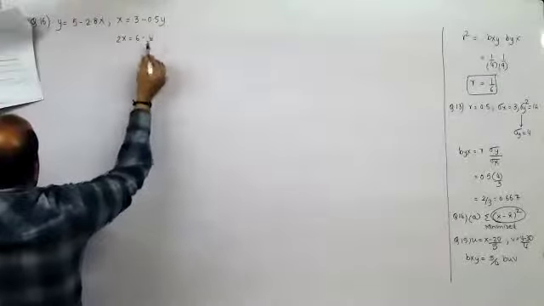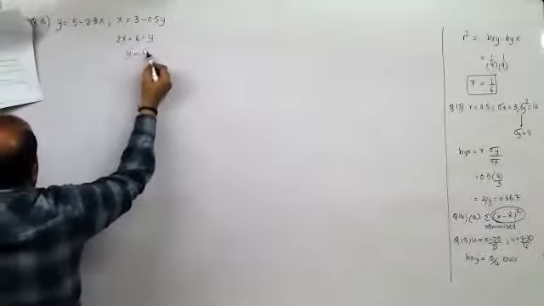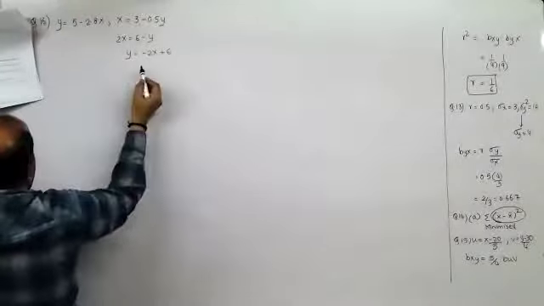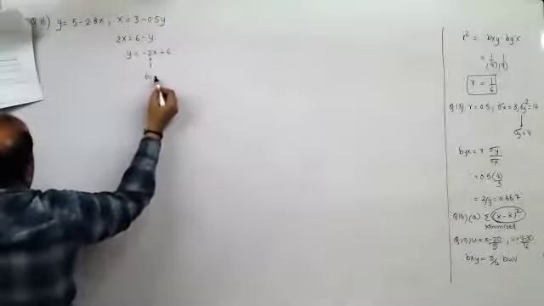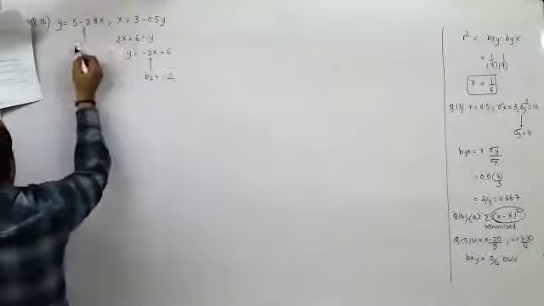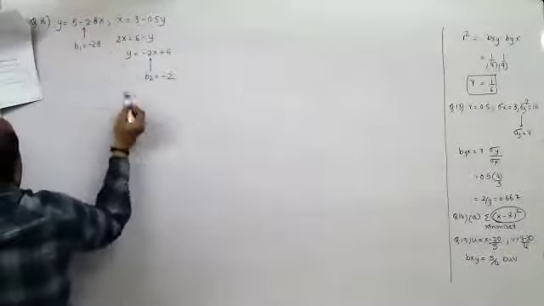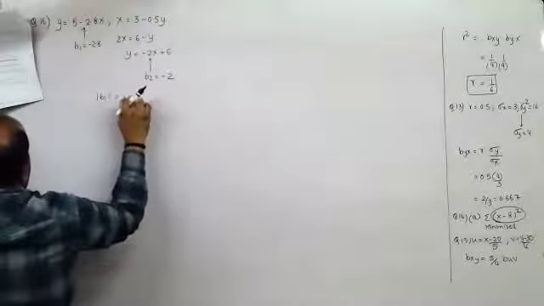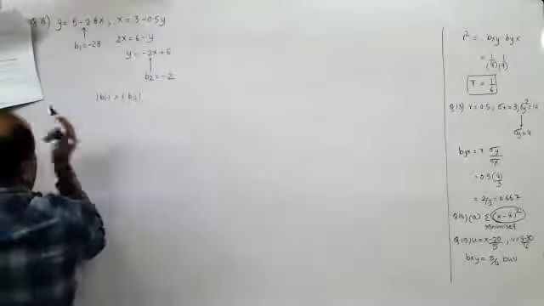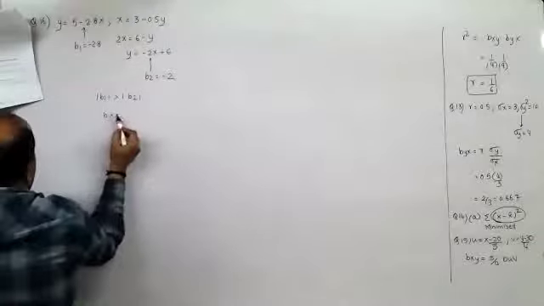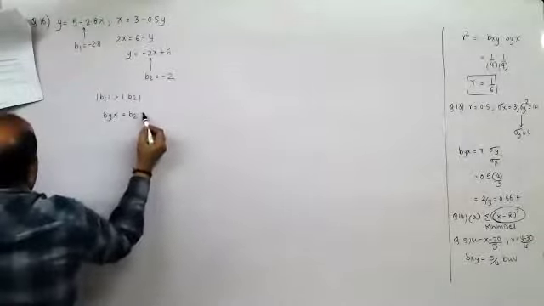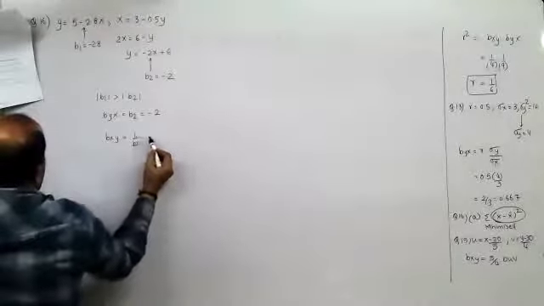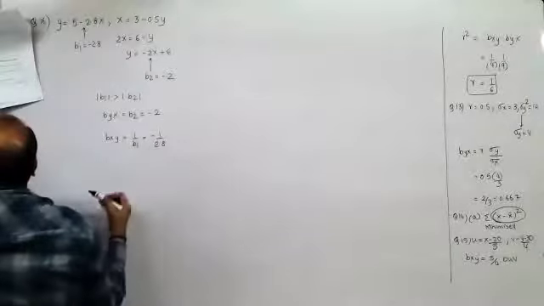Therefore y equal to minus 2x plus 6. So b2 is minus 2, b1 is minus 2.8. Out of these two, b1 is greater than b2. So therefore byx is equal to the smaller one, minus 2, and bxy equal to 1 upon the reciprocal of the larger one, minus 1 upon 2.8.